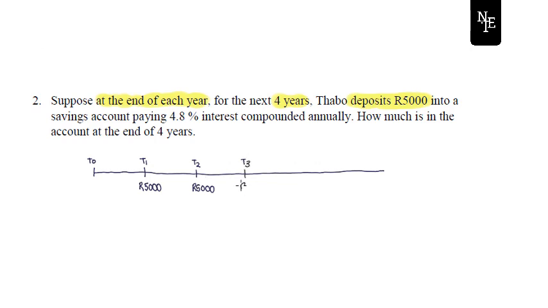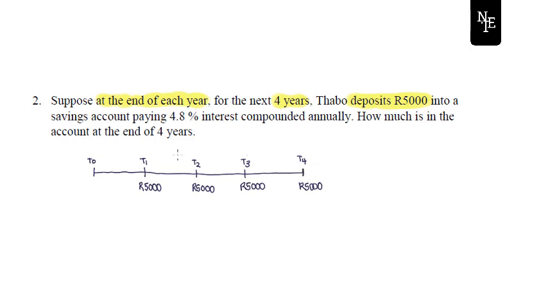Again, at the end of the third year, we make another 5,000 Rand deposit. And lastly, at the end of the fourth year, we make our last 5,000 Rand deposit. This T4 also represents the start of the fifth year, but we're only doing this for 4 years, so this is where we stop.